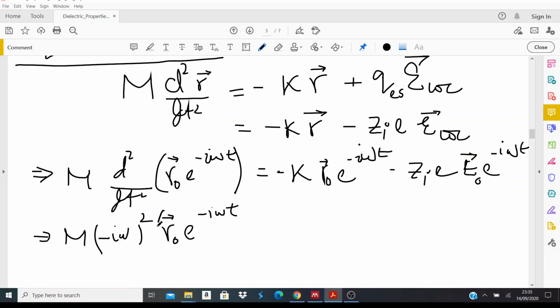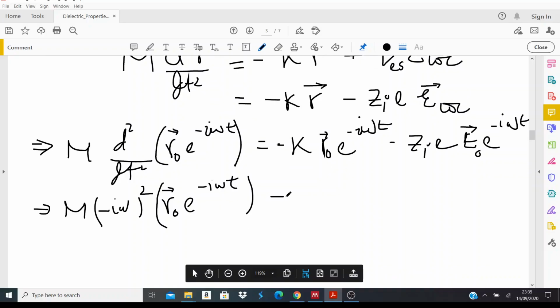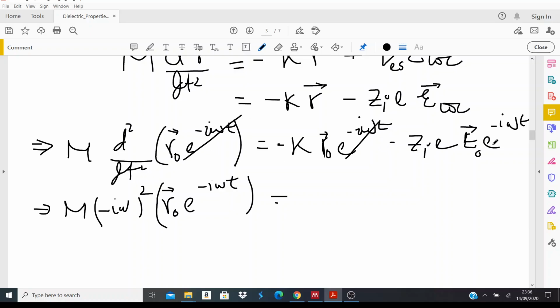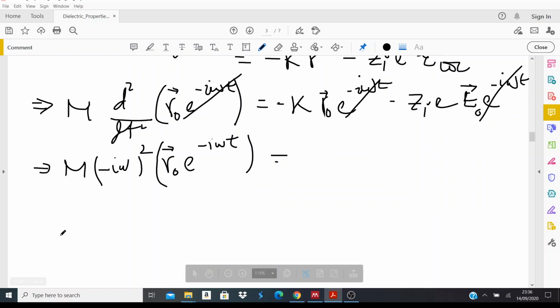That will be our left hand side, and on the right hand side we have the same terms. We haven't performed anything here, and you can see we can find the expression of this r naught from this equation.